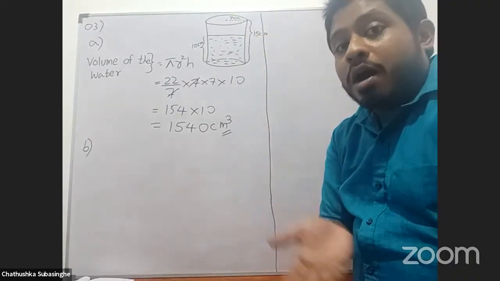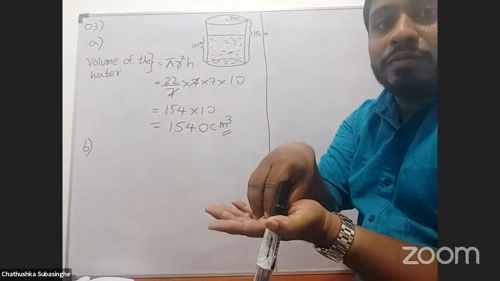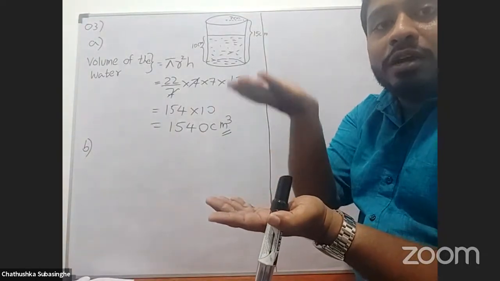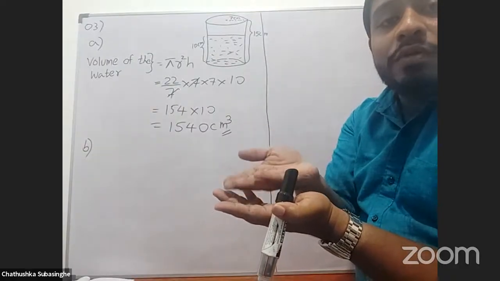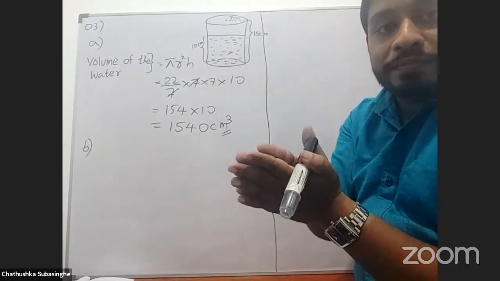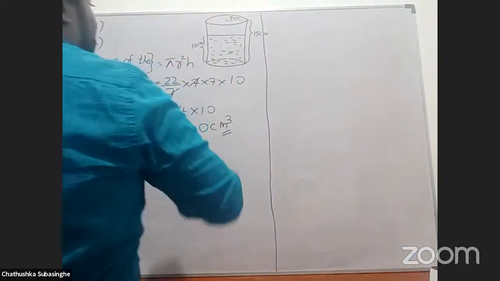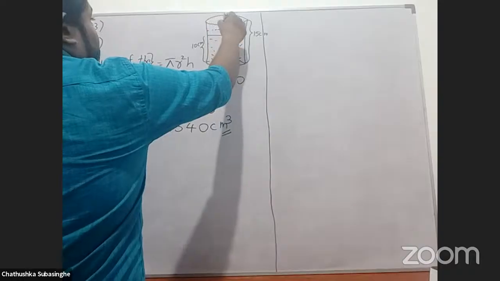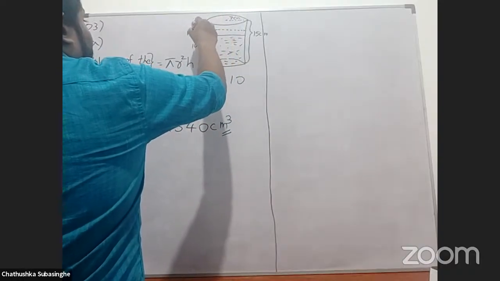So now, Archimedes' theorem. What happens when you put something inside the water? The water level comes up, right? The volume you submerge is equal to the volume of the displacement, right? So now the water level has risen 8 centimeters. Earlier it was 10.